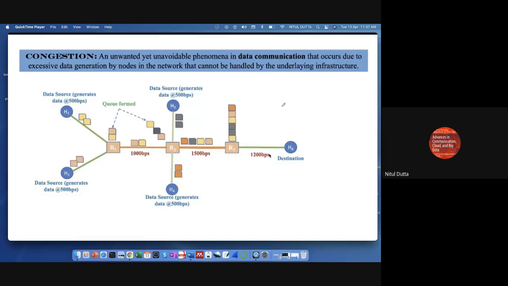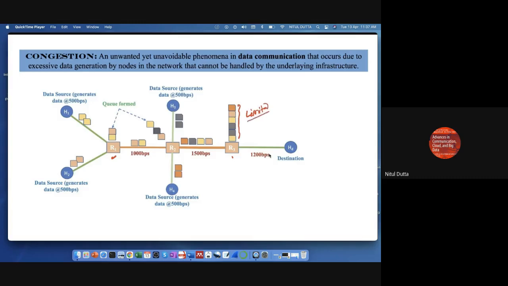Over time, when these sources of data generate more data, the size of the queue will increase. However, each queue maintained in the different routers R1, R2, R3 is limited in size. This is called a limited-size queue.